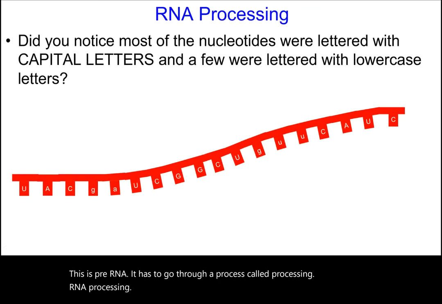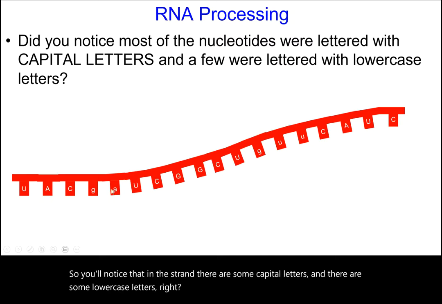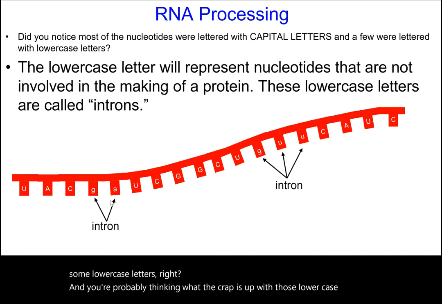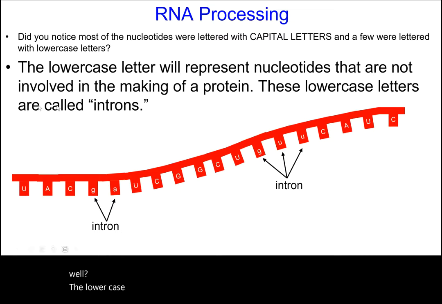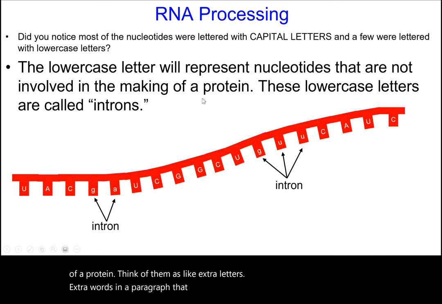So you'll notice that in the strand, there are some capital letters and there are some lowercase letters, right? And you're probably thinking, what is up with those lowercase letters? Well, the lowercase letters represent nucleotides that are not involved in the making of a protein. Think of them as like extra words in a paragraph that you don't need, right? So we're going to cut those out.